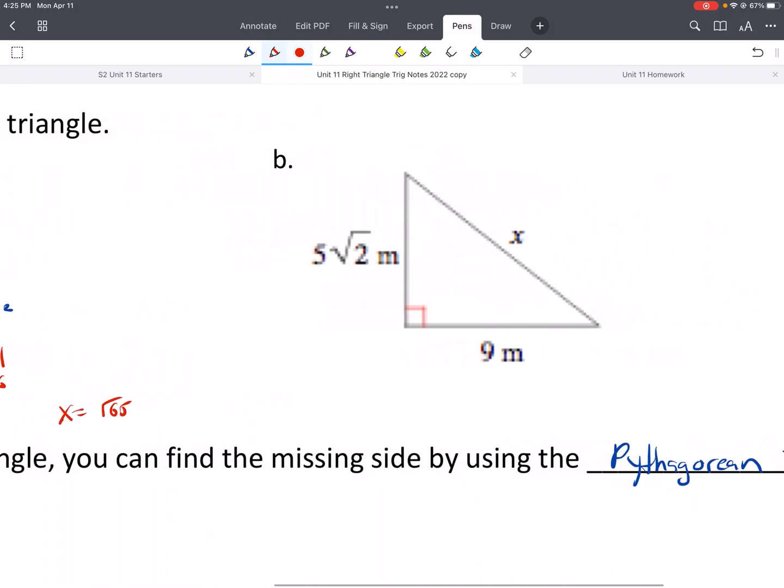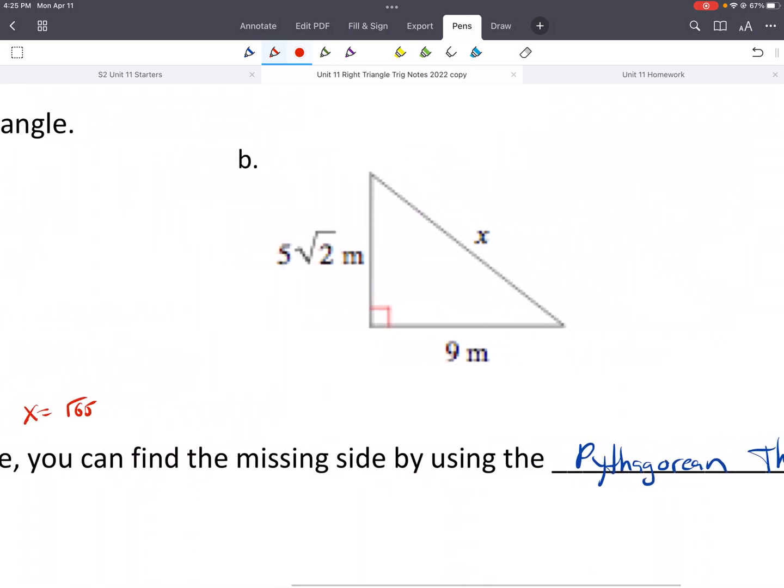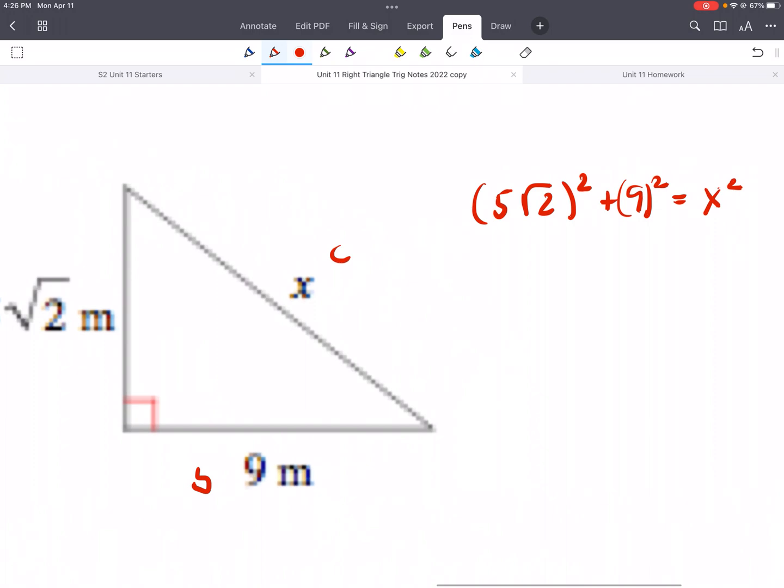Here we're missing the hypotenuse. So we'd do something like maybe this is a, and this is b, and this would be c. So 5 square roots of 2 squared plus 9 squared equals, I guess, c. Or we could do x, I guess it doesn't matter. So again, when we're squaring everything that's in that parenthesis, we're squaring the 5, so that's 25.